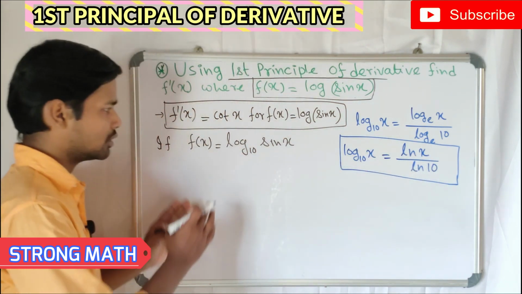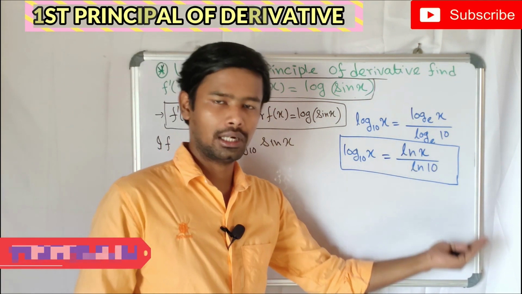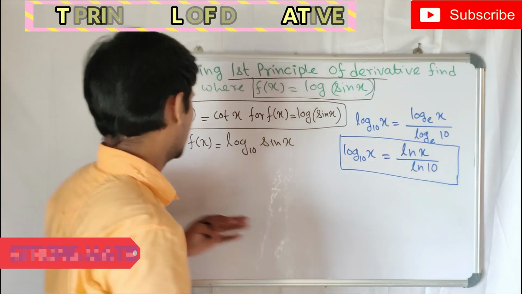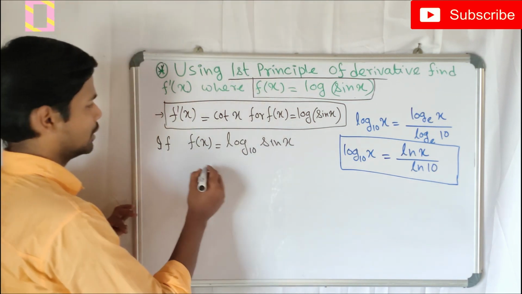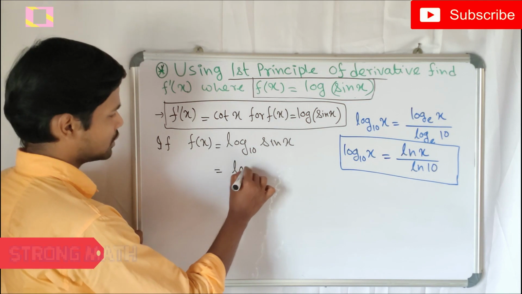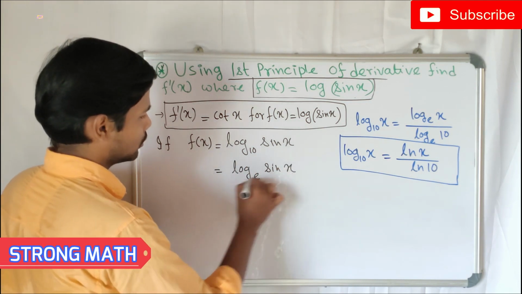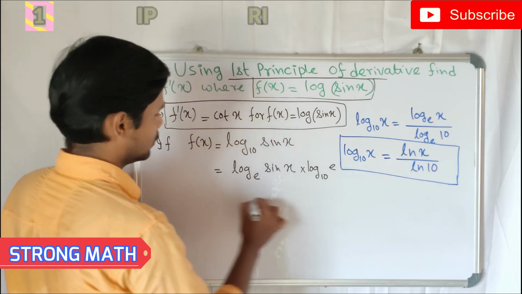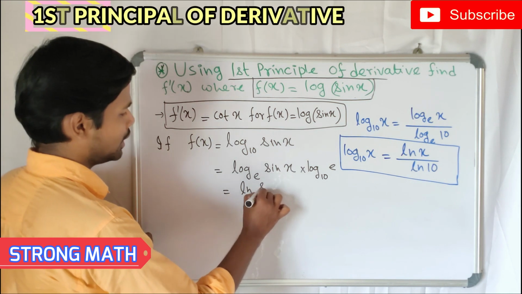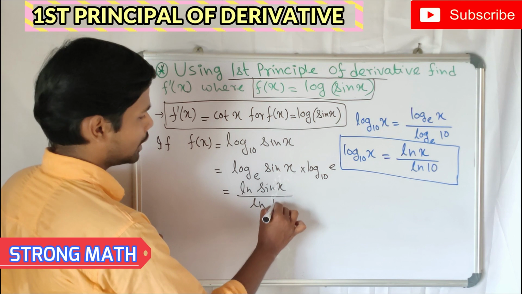So we have to change the base from 10 to the natural log, that is base e. Now if f(x) equals log base 10 of sin x, at first we have to change the base to e. Basically this will be ln sin x divided by ln 10.